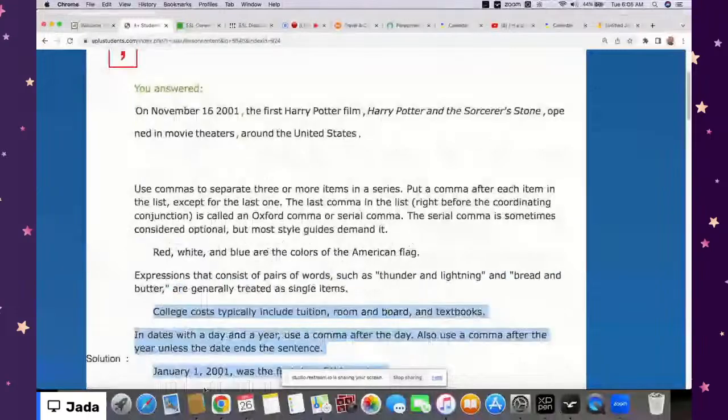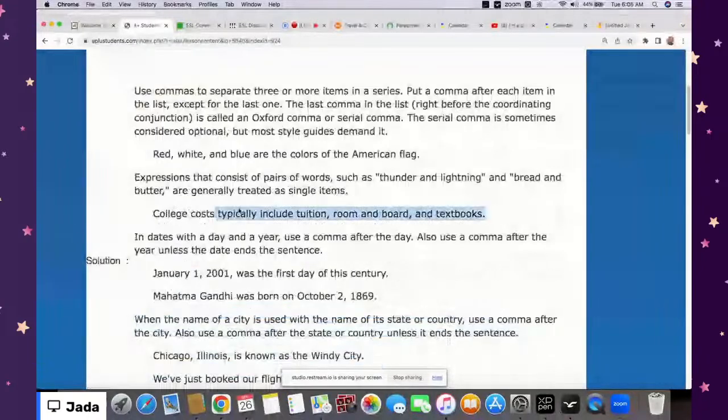so now we have college courses typically include tuition, room and board, and textbooks. So now college courses typically include tuition. That's one. Then room and board is just like the pair of words. They're together, just like thunder and lightning. So you don't need to put a comma in between room and board. No, they're all together.